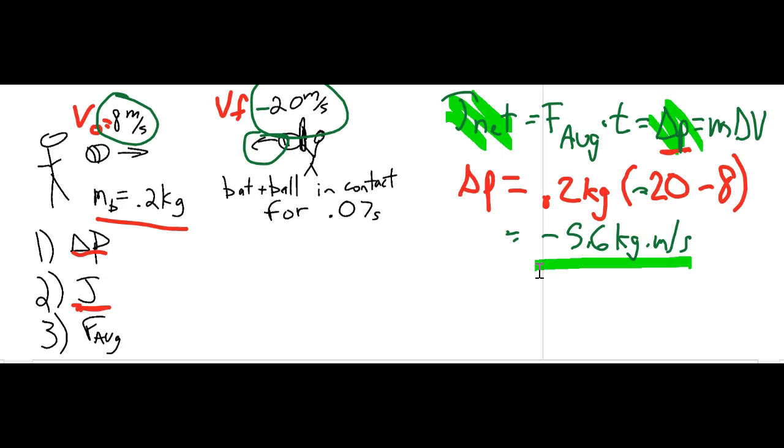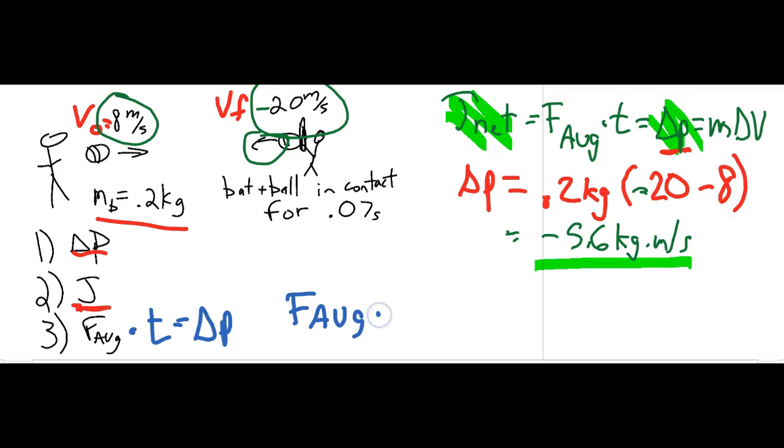The last part, what is the F average? So if I looked at this one, my F average multiplied by time equals change in P or J. They're both the same thing, doesn't matter. So plug in my numbers, I'm looking for force average.